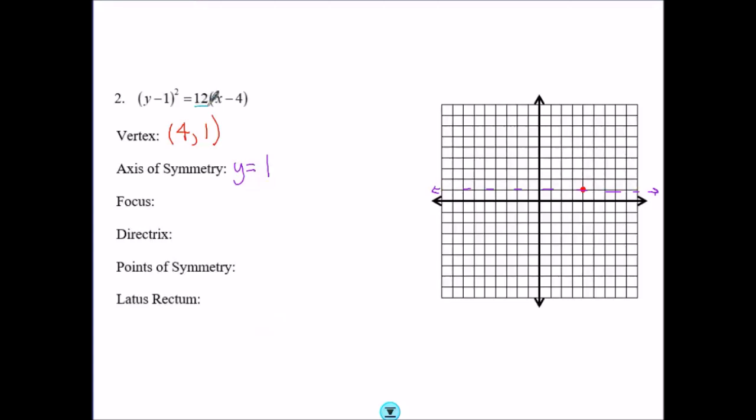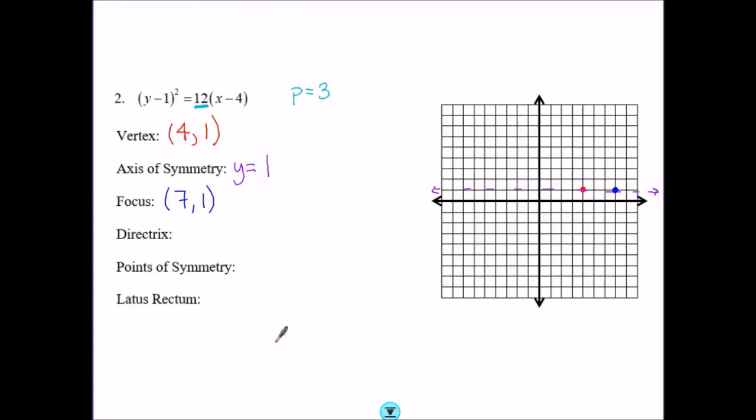In the equation, this is 4p, so we know that p is going to be 3. Since it's positive, that means the parabola is going to open to the right. So our focus is 3 units to the right of the vertex. So our focus is (7, 1).